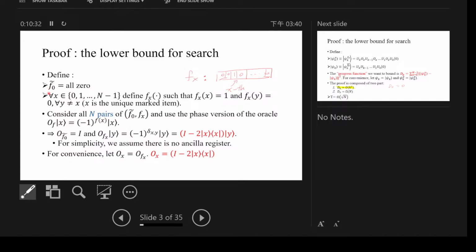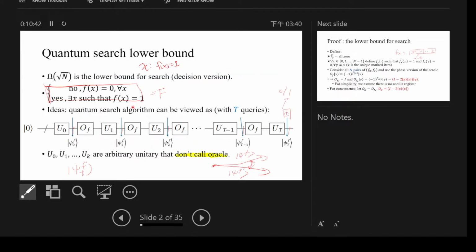So there is a no instance, which is O0. Remember, the truth table of the no instance is O0. And the yes instances: there are many of them. Basically every other small f is a yes instance. But we want to choose instances that are very hard for the algorithm to distinguish between yes and no.